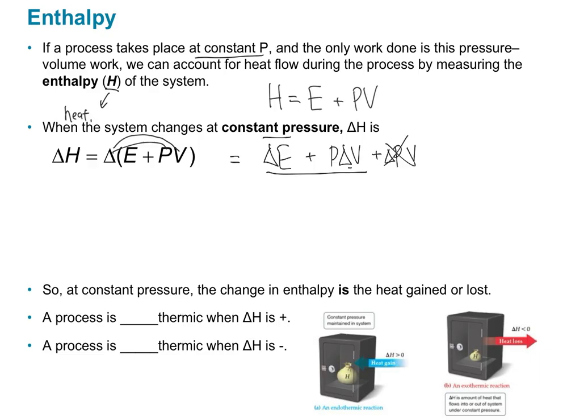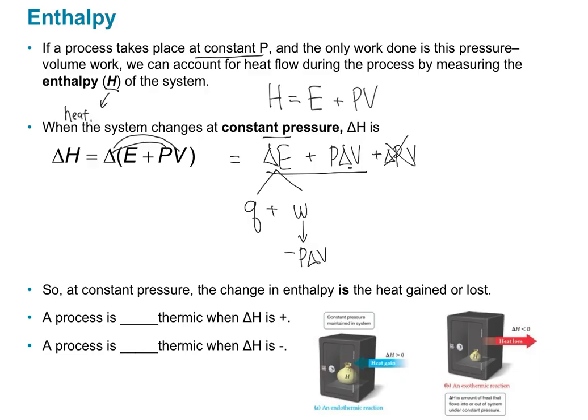But now we're going to actually break down the energy term. We know that energy is equal to heat plus work, which we're also going to break up. Remember, work is negative pressure times change in volume.